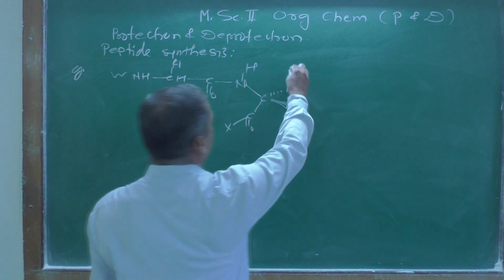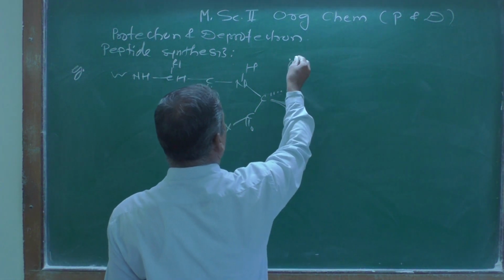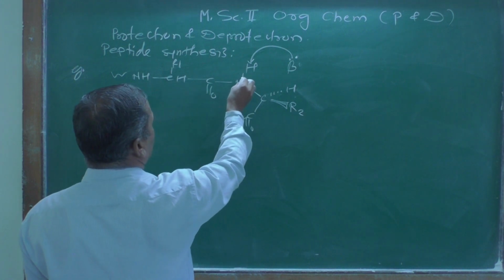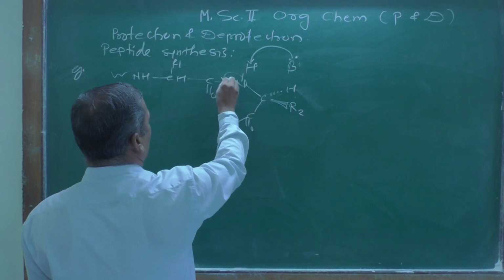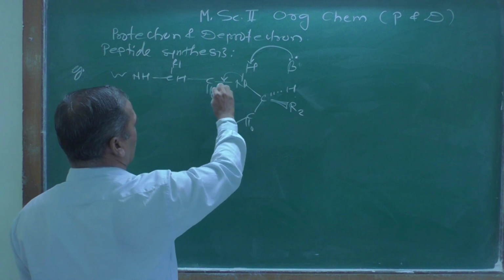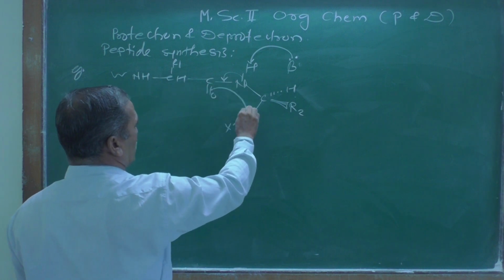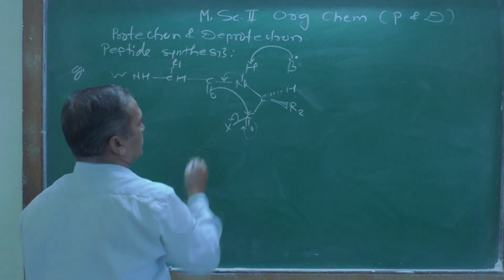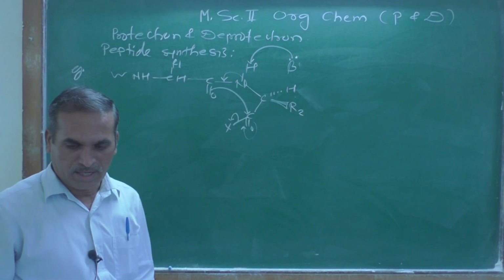Now when it is treated with a base, it will abstract the proton from here, this forms a double bond, and this carbonyl group is going to attack on this carbonyl group, and X gets eliminated.